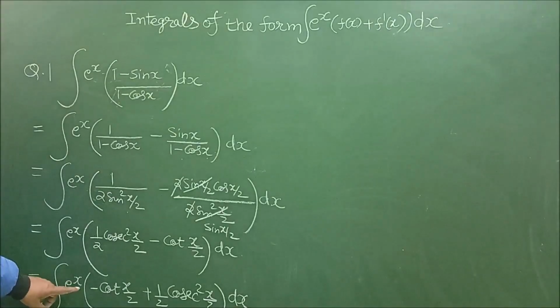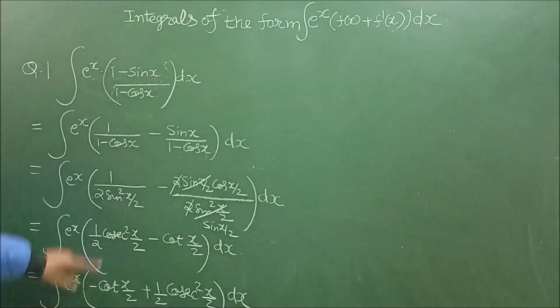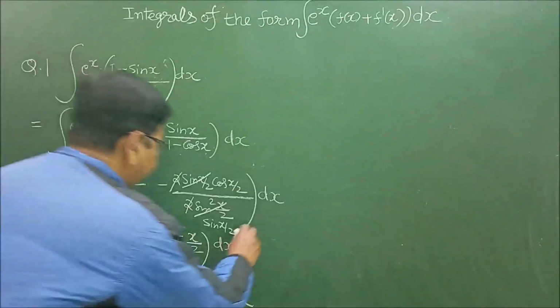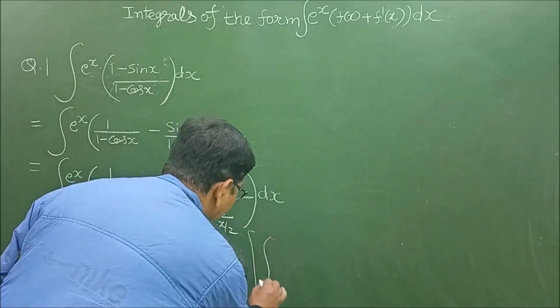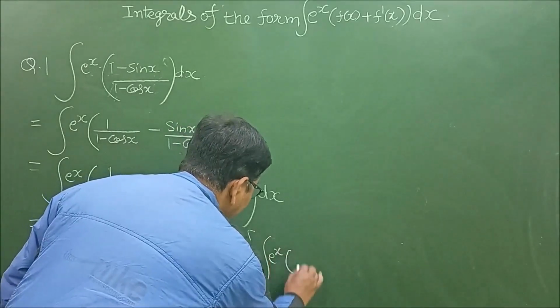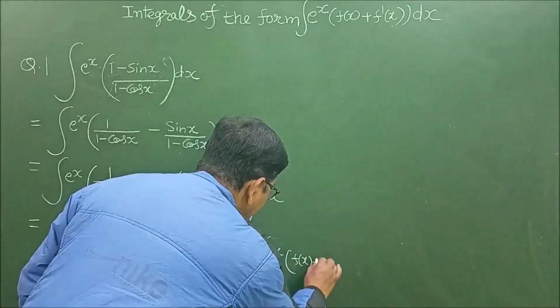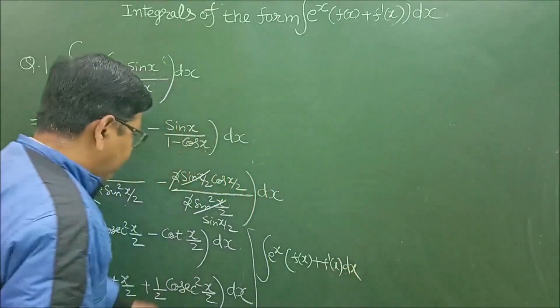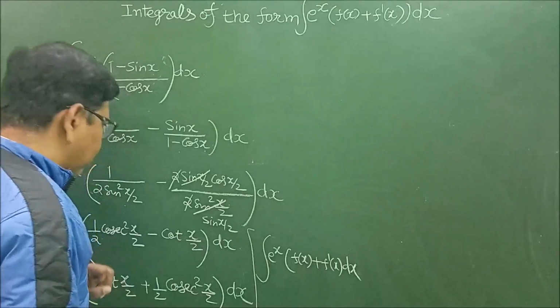Now comparing this integral with the original integral, that is e raised to the power x [f(x) + f'(x)], here f(x) is equal to minus cot x by 2.